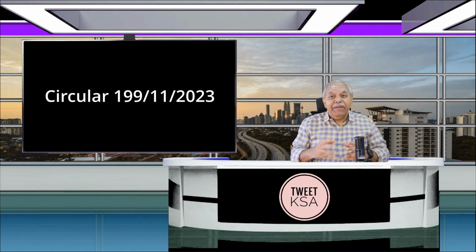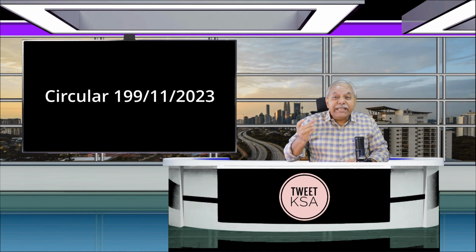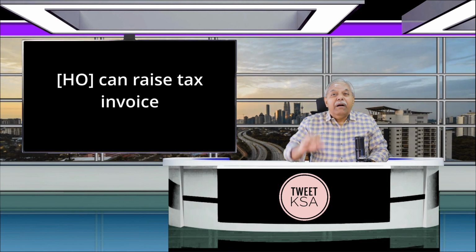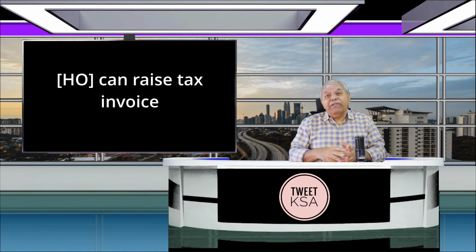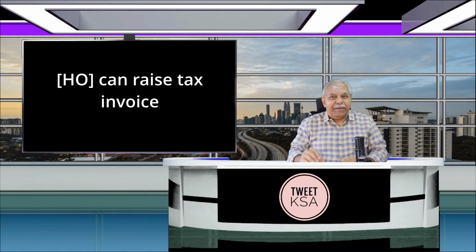Of course, if you deal with different states within India, you have to compulsorily raise an invoice on your branch for the services provided by you, except for manpower supply or human resources supply. The head office naturally has to raise a tax invoice on the branch office, and vice versa. If the branch provides service to the head office, similar things will happen.